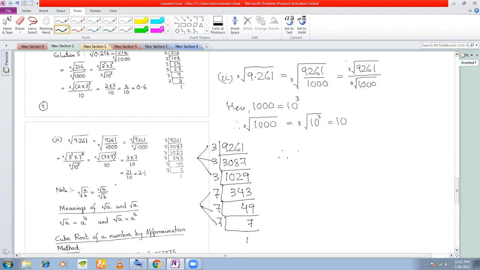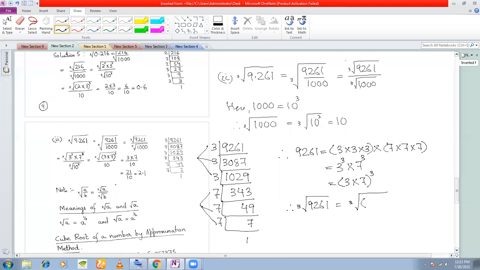Okay, so therefore 9261 has been written as 3 into 3 into 3 into 7 into 7 into 7, which can be written as 3 cube into 7 cube, which can be written as 3 into 7 whole cube. So therefore cube root of 9,261 is equal to cube root of 3 into 7 whole cube, which is equal to 3 into 7, which is equal to 21.